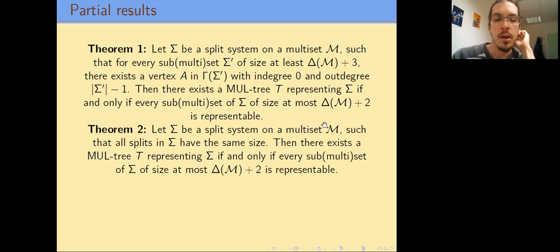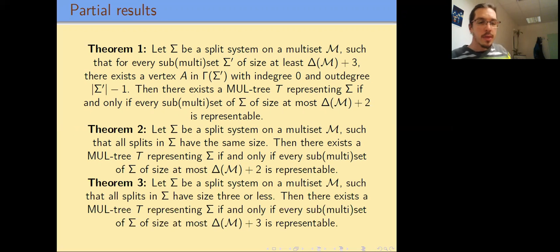Another result, much easier but probably not too helpful in real life, is if all the splits have the same size, the size of a split being defined as the size of the smaller set that composes the split. If they all have the same size, then the delta plus 2 conjecture holds.